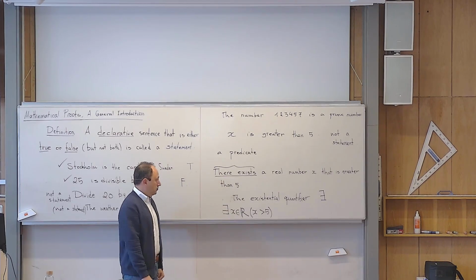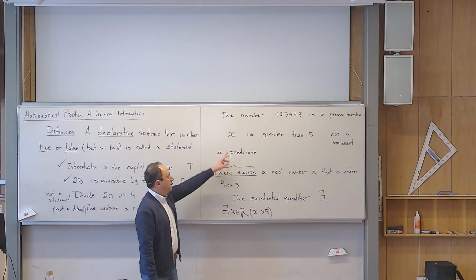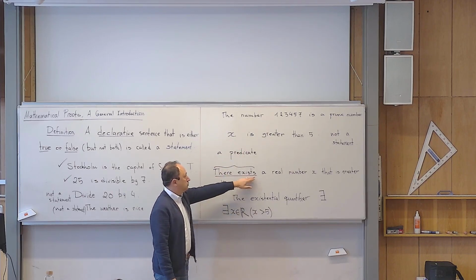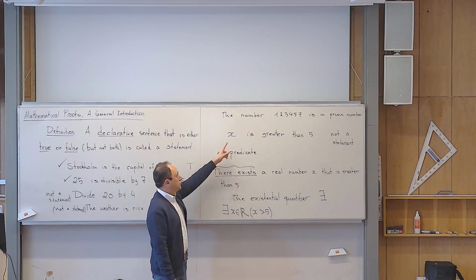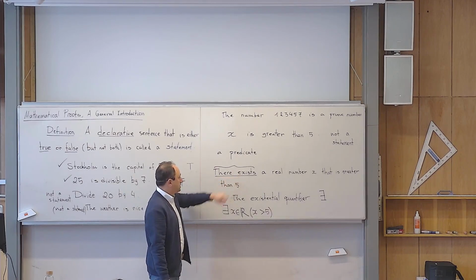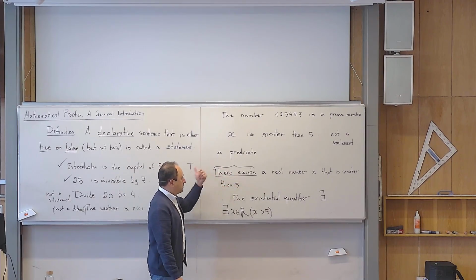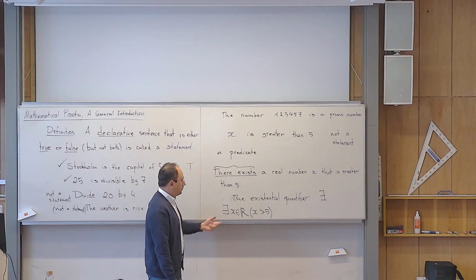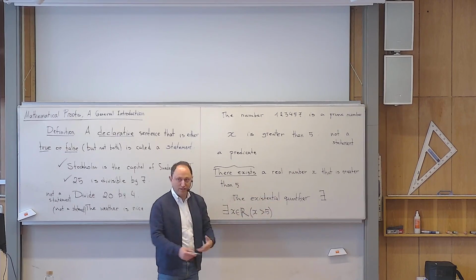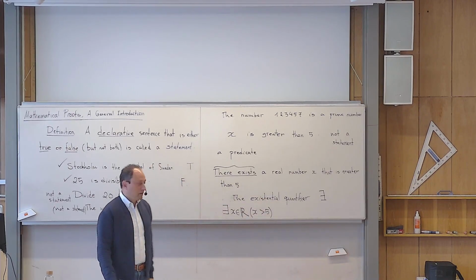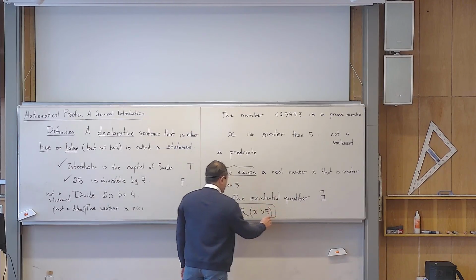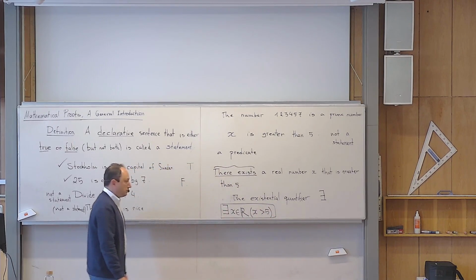So if I ask you what I did: I had a predicate, a declarative sentence with a variable in it. I used this phrase in the beginning, and I turned this predicate into a statement. The phrase "there exists" is one type of quantifier. There is a name for it, existential quantifier, because it claims that something exists. If you don't like these names, forget about them, but I will use these kinds of symbols in my writing a lot, so you should be able to read this.